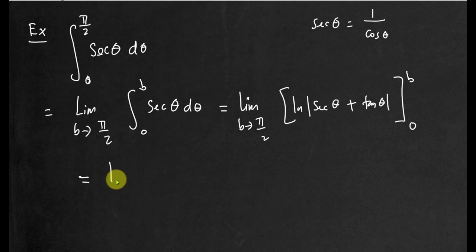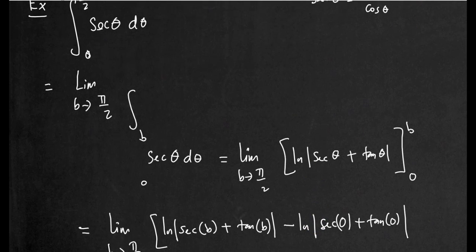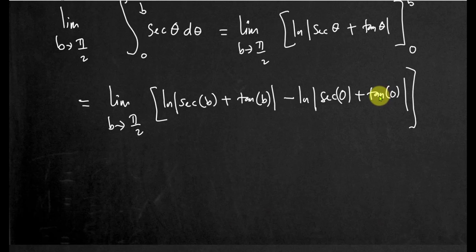Alright, and now I still keep the limit outside, and then I plug in b to here, so I have ln of secant of b plus tangent of b, and then subtract. I plug in the 0: ln of secant of 0 plus tangent of 0. And then from here we know tangent of 0 is just 0.